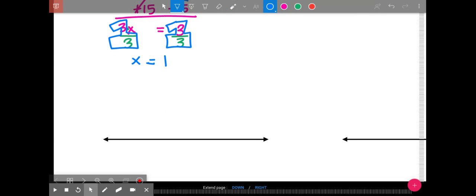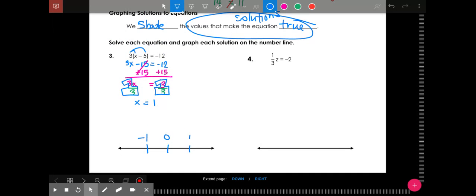Okay, so when you're graphing, you don't have to do anything too fancy. Just show me where 0 is, show me 1, and then show me that you know that negative 1 is on the left side of 0. Okay? When I look at these directions, it says we shade where it's true, right?